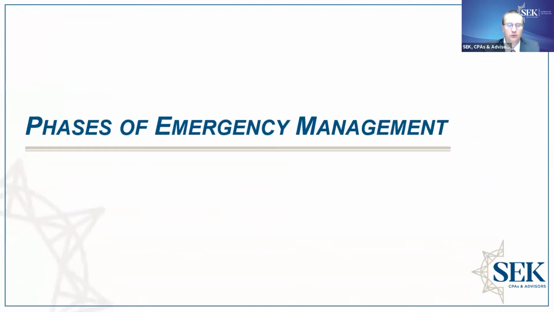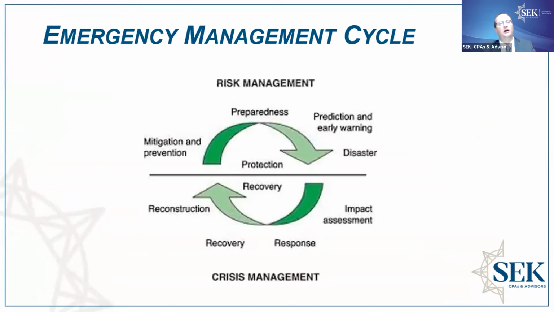So we're going to go through the overall phases of emergency management. The next slide is a very good summary of the cycle, and it breaks it down into a couple of different sections. I'm going to walk through this cycle shortly. The line in the middle of the slide is where the actual disaster occurs.